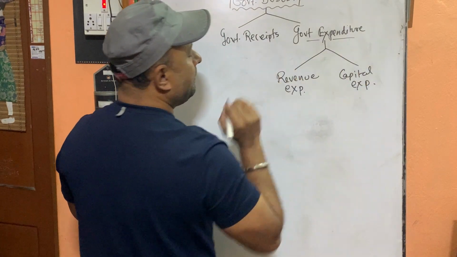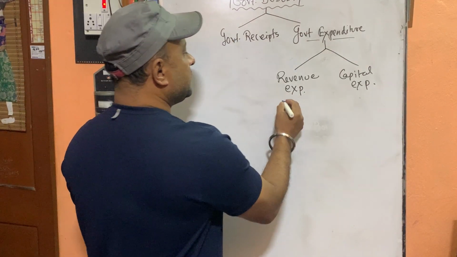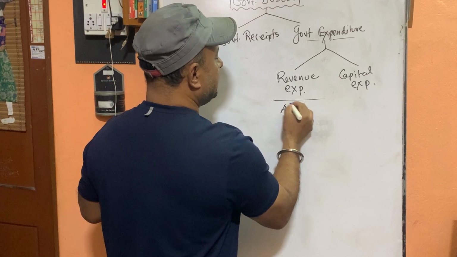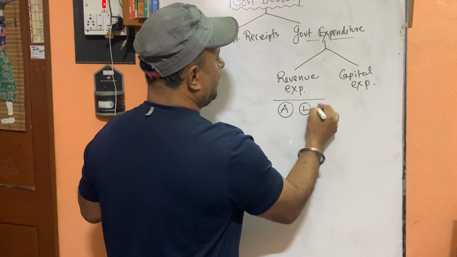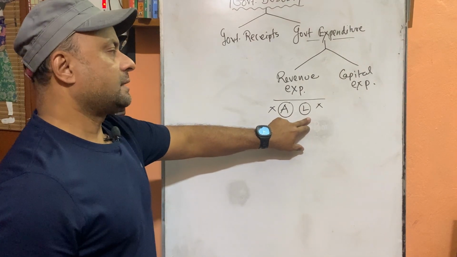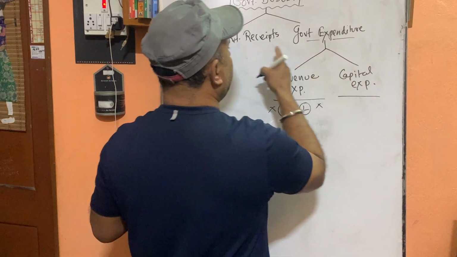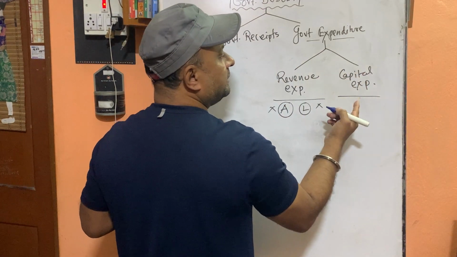Two types of government expenditure. In revenue expenditure, there is no change in asset or liability of the government. No change. Asset does not get affected, liability also doesn't get affected.